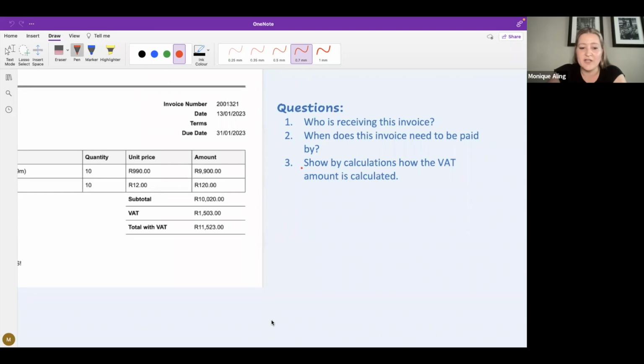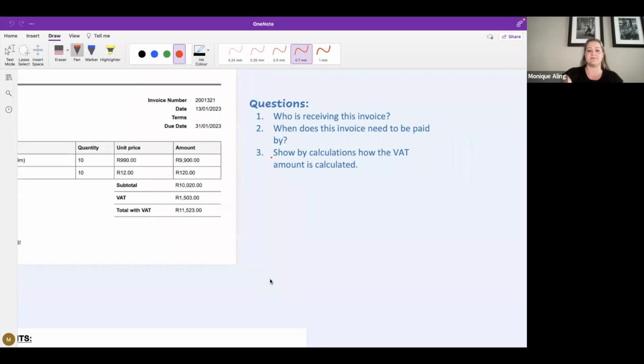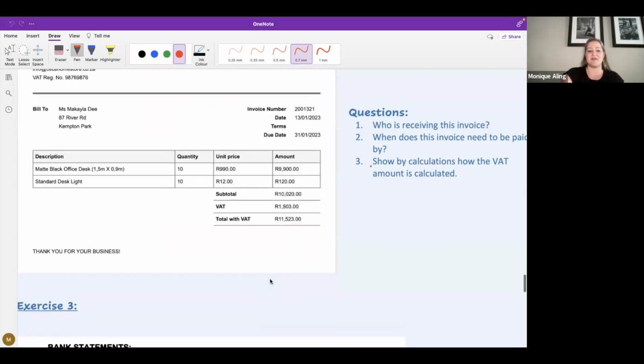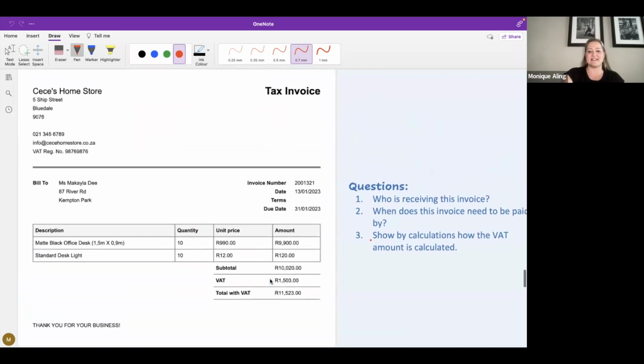Okay, Siwa, you're taking the total with the VAT minus the subtotal. Okay, that's also another way of doing it. But just remember, sometimes they might not give you the total. So you also just need to remember that you times them by 15%, but that also works in this context. So well done. Everyone happy with invoices?